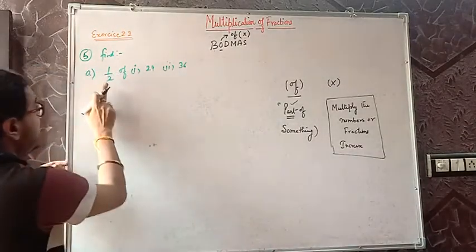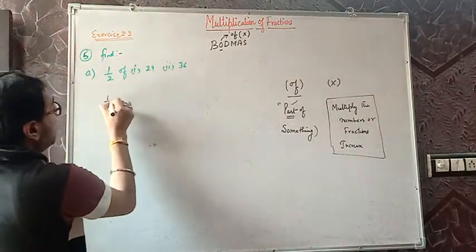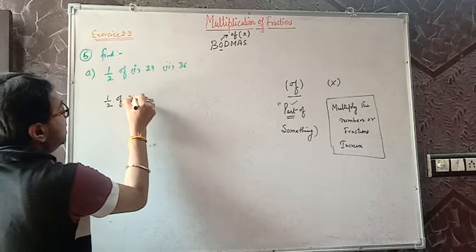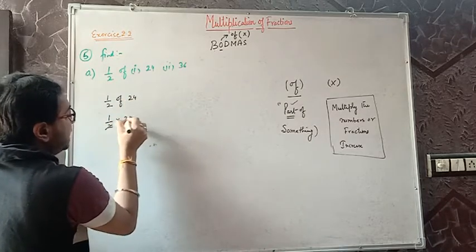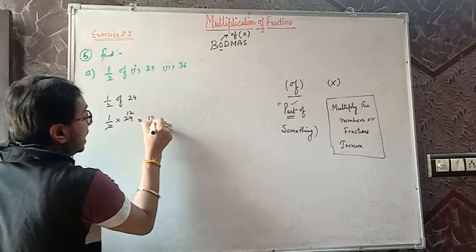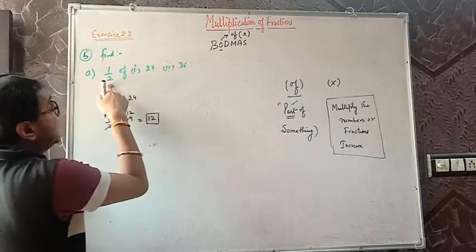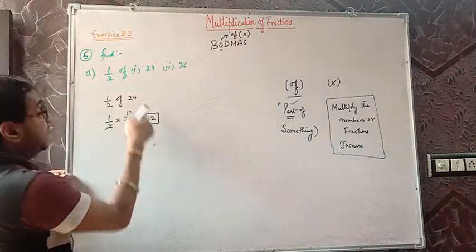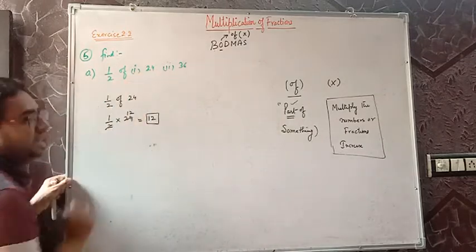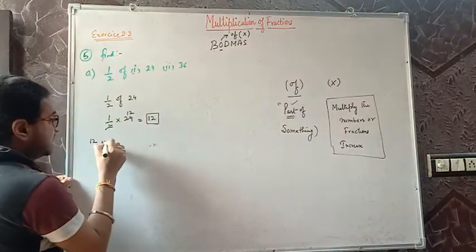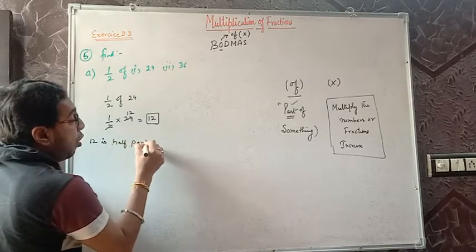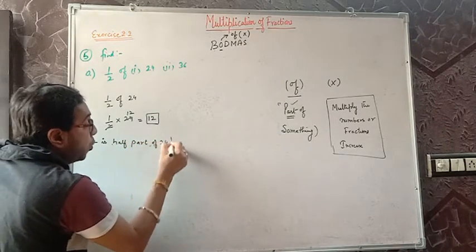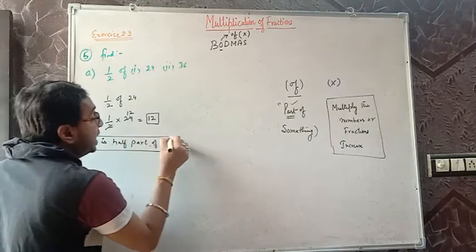For example, half of 24 means half into 24. The answer is 12. It means that 12 is the half part of 24. This is the main difference.